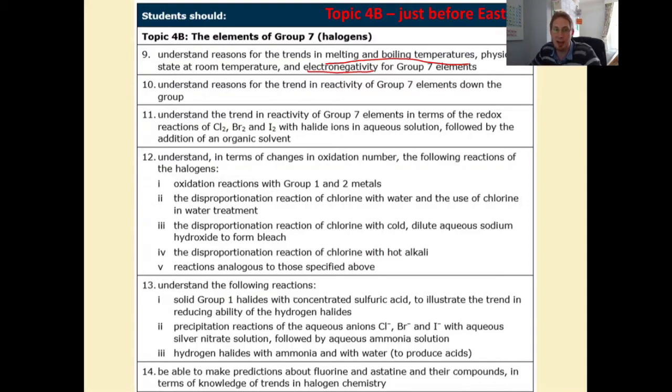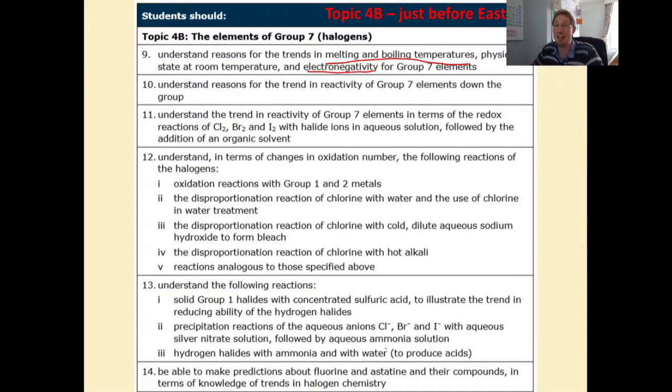Understand solid Group 1 halides can react with concentrated sulfuric acid, illustrating the trend in reducing ability. Precipitation reactions of the aqueous anions with aqueous silver nitrate, that's GCSE, but now we're adding aqueous ammonia solution, and reacting hydrogen halides with ammonia and with water to make acids. And making predictions about fluorine and astatine and their compounds by knowing halogens.